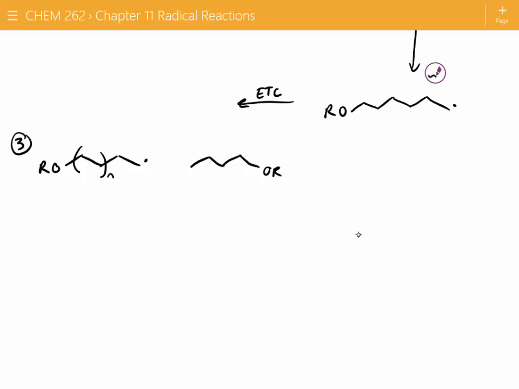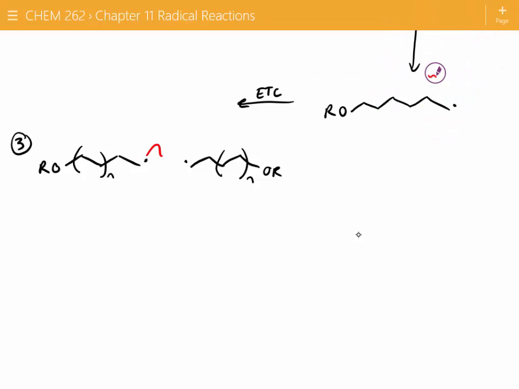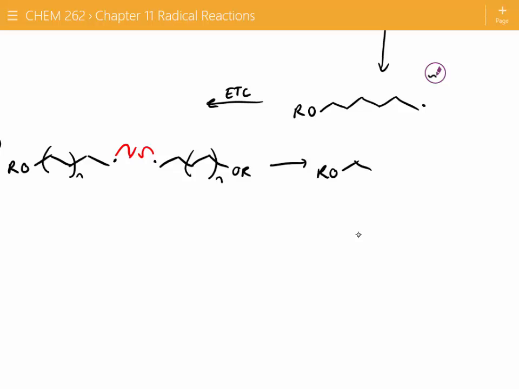They'll become friends. This radical hops over and couples with the other one, and you just get one long extended chain. Let's see if I can count carbons right.